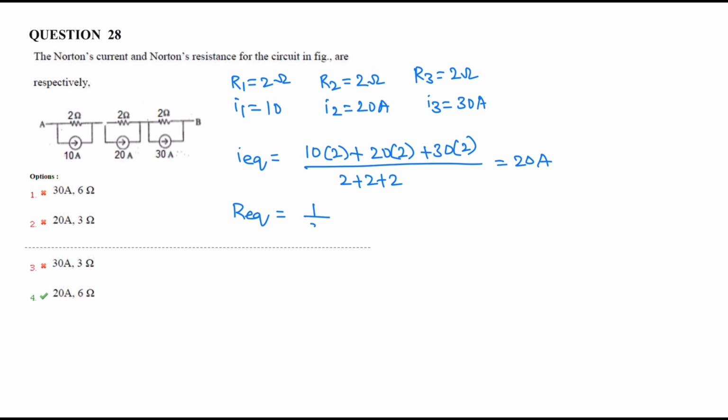Similarly, R equivalent is 1 by G equivalent. So G equivalent is R1 plus R2 plus R3, its value is 2 plus 2 plus 2, it is 6 ohms.